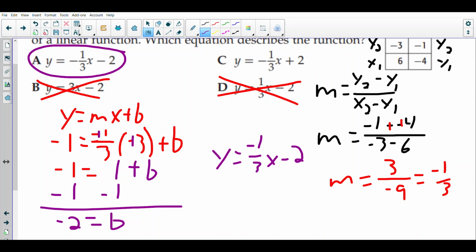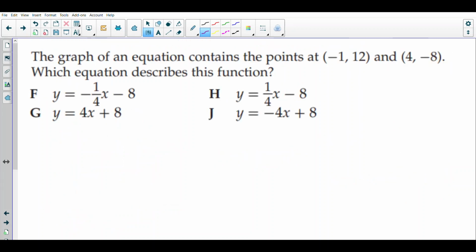Let's do one more example. We're given 2 points, (-1, 12) and (4, -8). Let's find the slope. So m is equal to 12 minus negative 8 all over negative 1 minus 4.